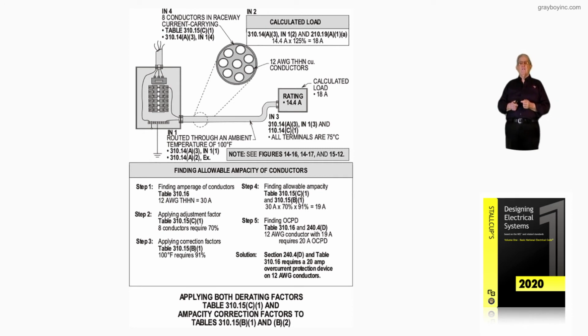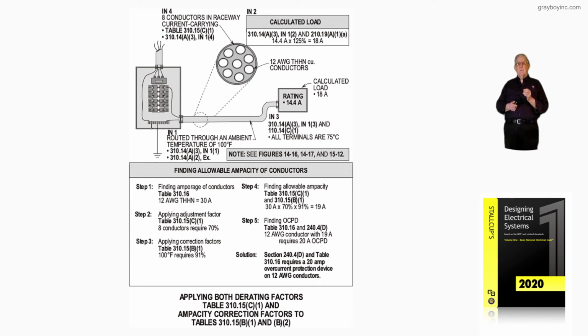We have the same question, except now we're routing the conduit and the conductors through ambient temperatures of 106 degrees Fahrenheit. So that means we're exceeding the 10-foot and 10% rule. Now, step 1, we're applying 210.19(A)(1)(b).